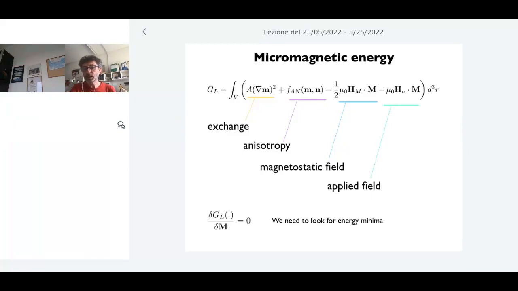And specifically, we have not only to make the derivative, but we have to make what is called the functional derivative. That is, we make this derivative around a certain solution and verify that this is a minimum. But this is the condition. So we need to look for extrema of this energy functional, first of all.